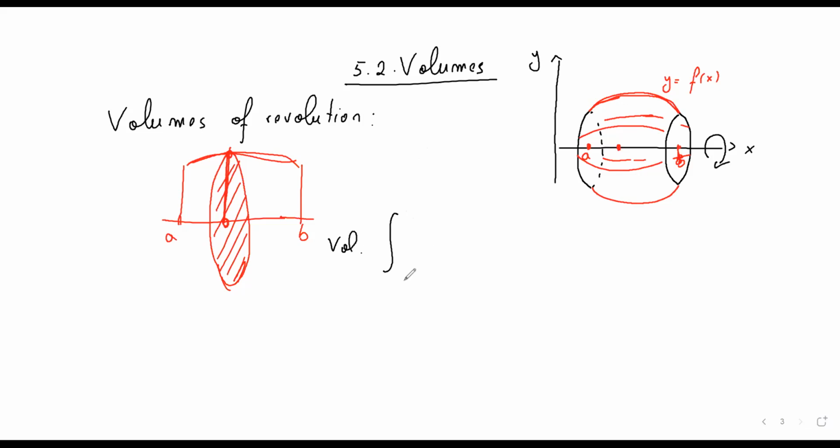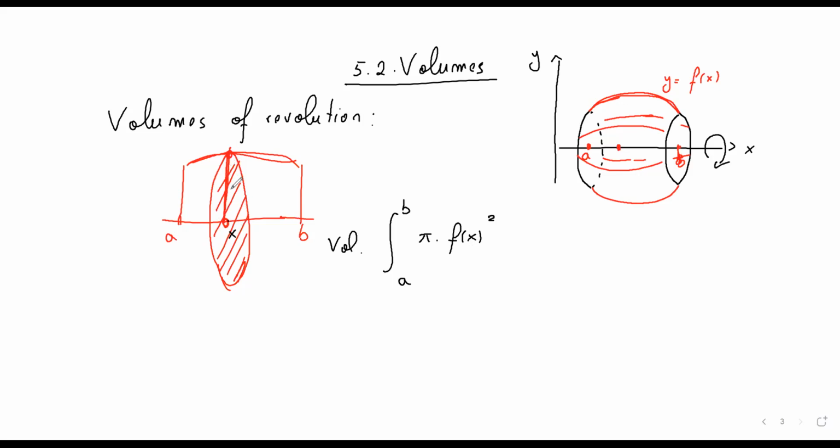You're looking at an integral from a to b, and then you're adding up all these areas of these circles, which are pi times r squared. Now, the radius r is f of x, the height right above the point x.